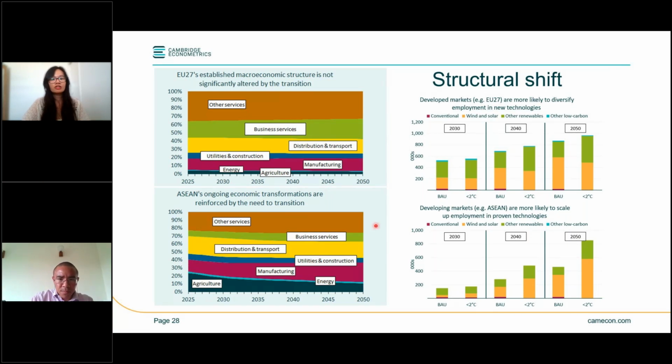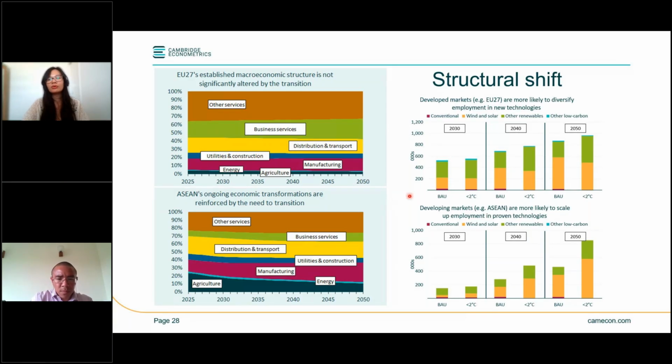But that's not to say that there are no shifts happening, but rather some of the most obvious shifts may be happening within sectors because of the technology developments in this transition.